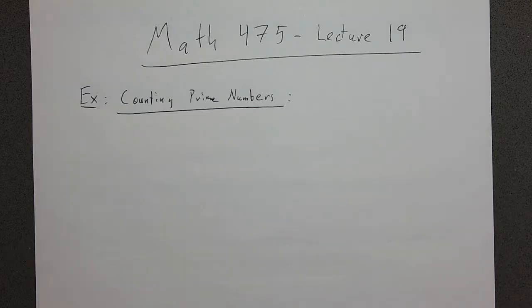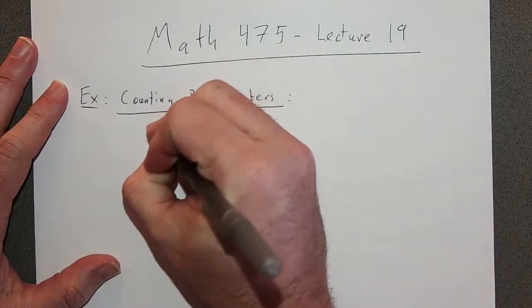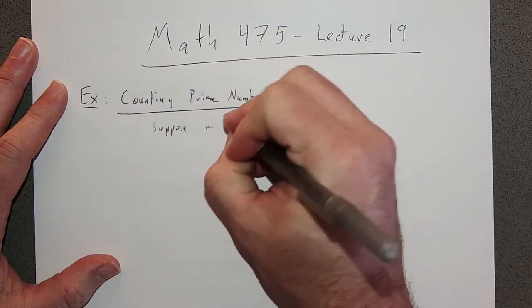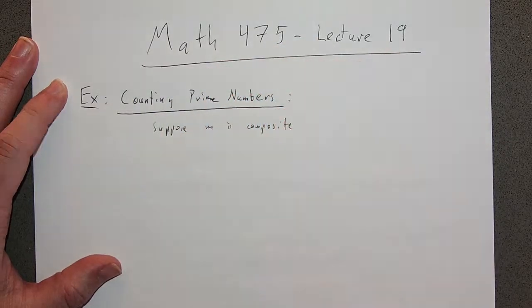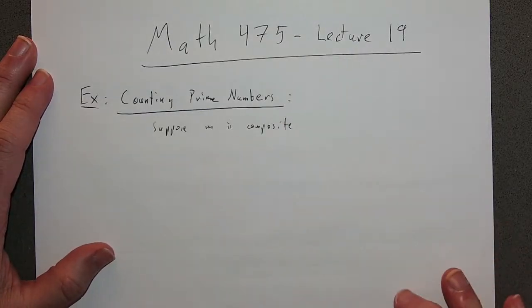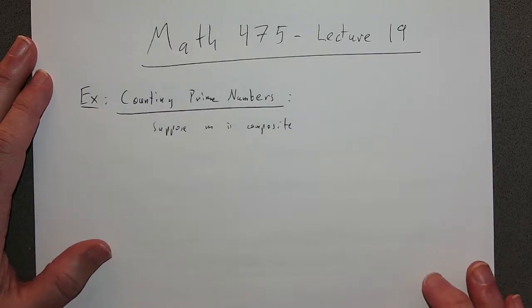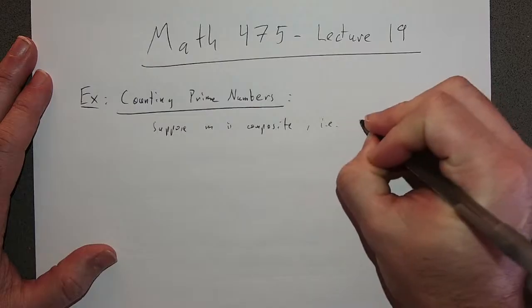particular application of inclusion-exclusion. So first, suppose M is composite, meaning it is a number formed by multiplying two or more primes together, but it can at least be written as the product of two integers.